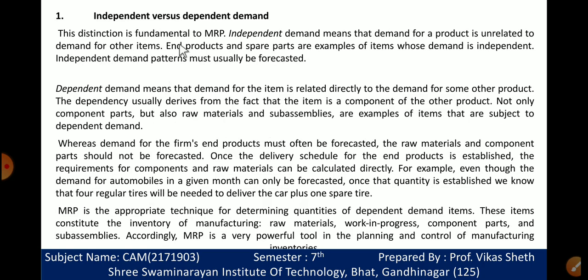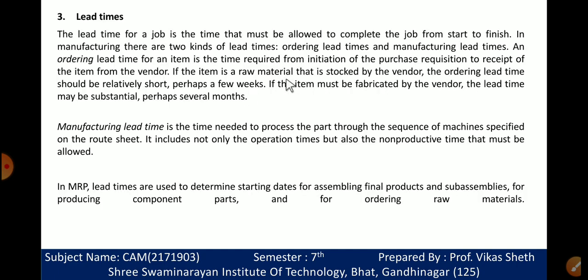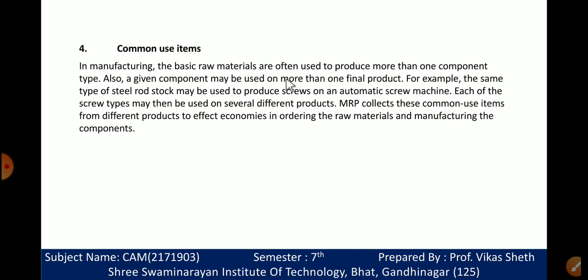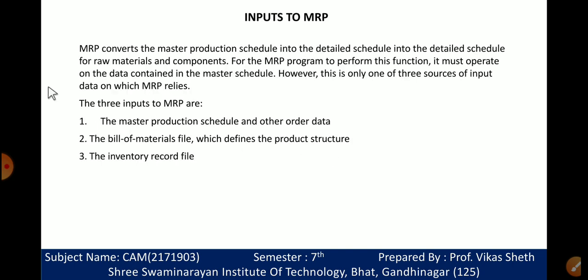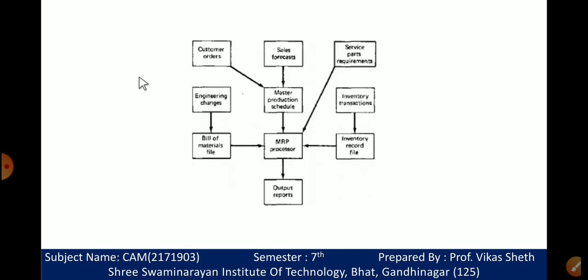First one is independent versus dependent demand, second one is lumpy demand, third one is lead time, and fourth one is the common use item. And last we discussed the inputs of the MRP, in which we discussed the main three inputs. So here is the chart of this. Hope you understand what is MRP. In the next lecture we discuss the input sources of the MRP in detail.